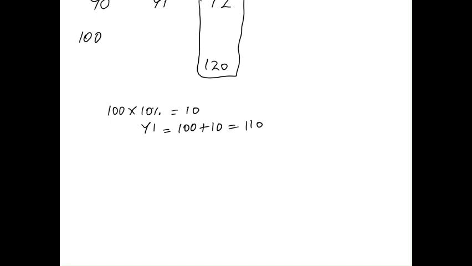$110. And then in year 2, again, you will earn 10% interest. This time you will earn 10% on the accumulated amount that you have, $110, and you will earn $11 in interest.